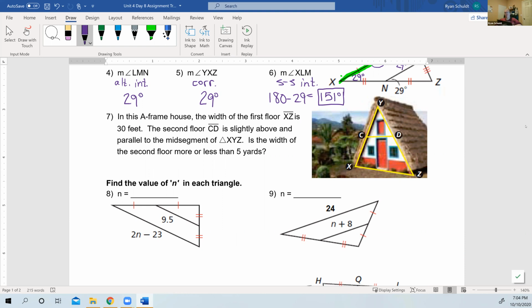Number 7. It says, in this A-frame house, the width of the first floor XZ is 30 feet. So I'm going to label this in a light color so we can see it. So XZ is 30 feet.